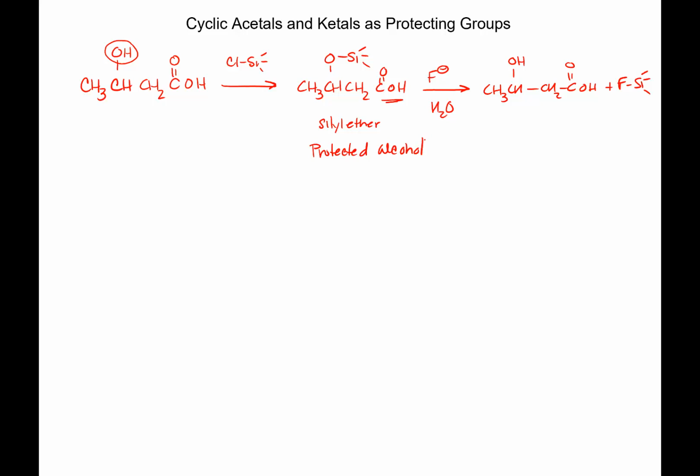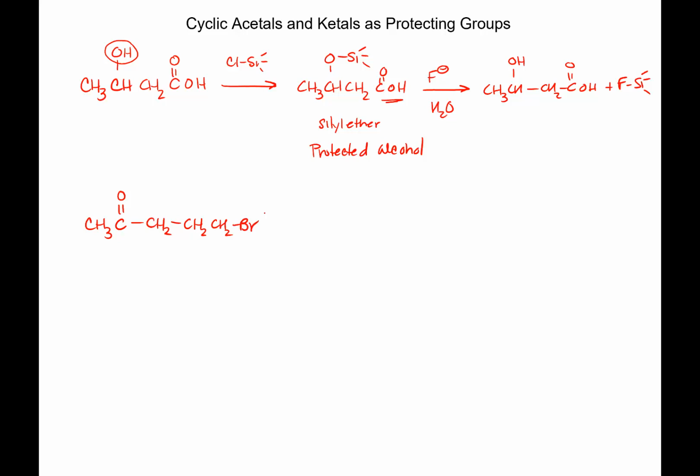So one of the things we can think about is using cyclic acetals and ketals as protecting groups. There's a couple different ways we could do that. Let me make up a molecule here where I've got a ketone, and over here I've got a bromine.